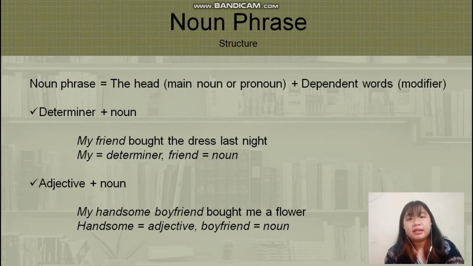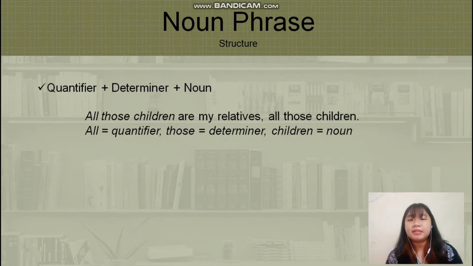The second is adjective plus noun. For example, my handsome boyfriend bought me a flower. Handsome is adjective and boyfriend is noun, and it's combined, handsome boyfriend, and becomes a noun phrase. The third is quantifier plus determiner plus noun.